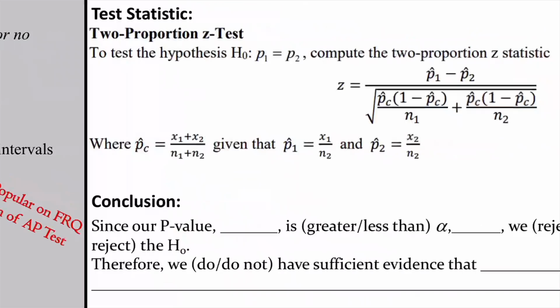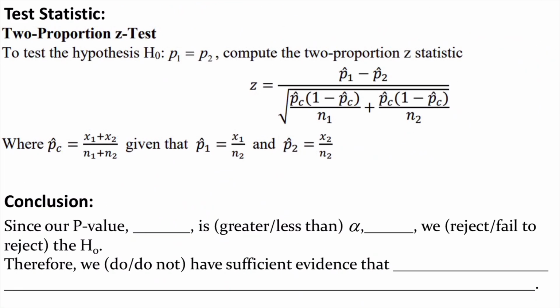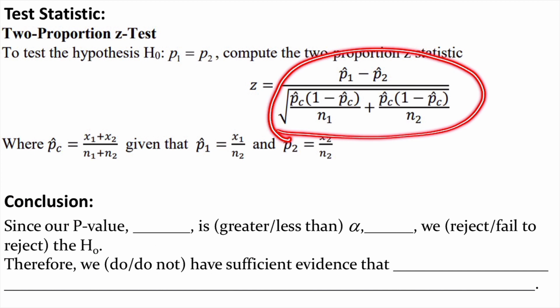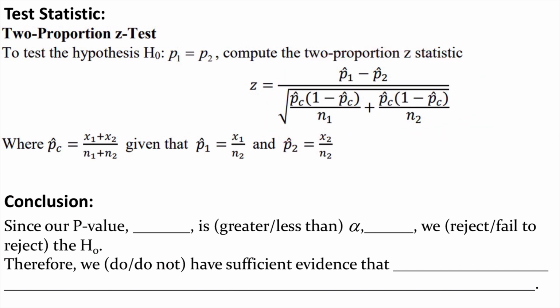Okay, our test statistic is, again, it's bigger because we have two samples, right? It's a bigger formula. But if you actually dive into it, it's just the same formula twice, right? That formula we have on our sheet. This we did yesterday, right? p hat 1 minus p hat 2, right?